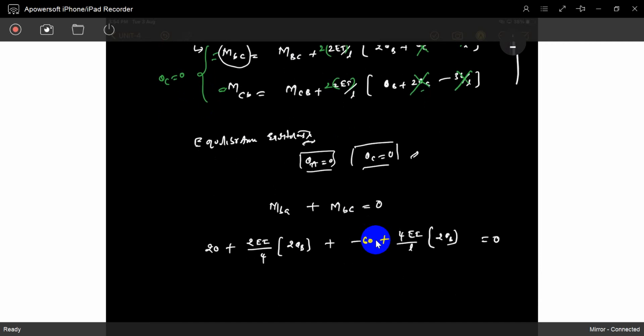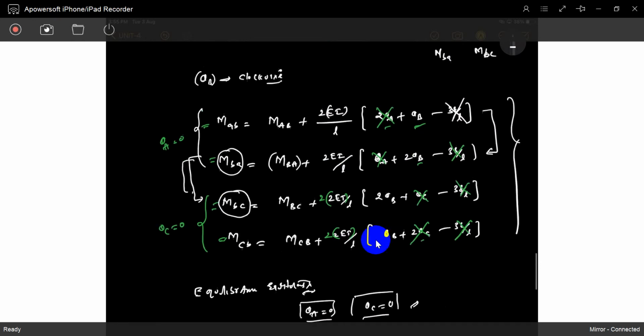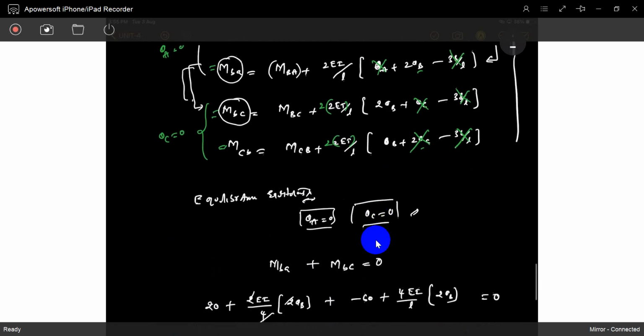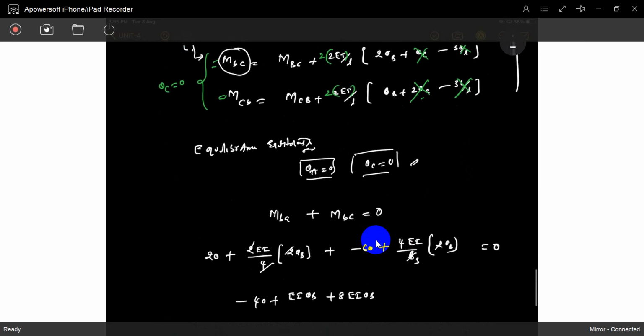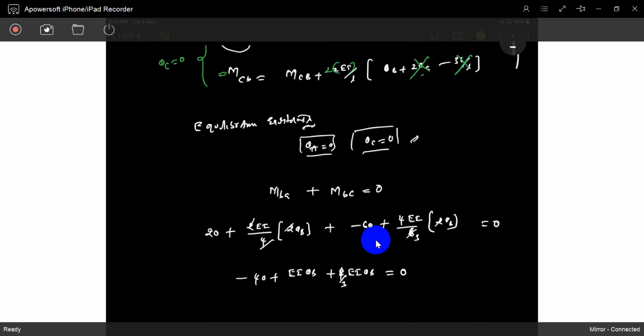So you will get 20 minus 60, that is minus 40, plus 2 into 2 into 4, that is 8, EI theta B. Sorry, L is 6 for BC. So this is 4 by 3, equal to 0.